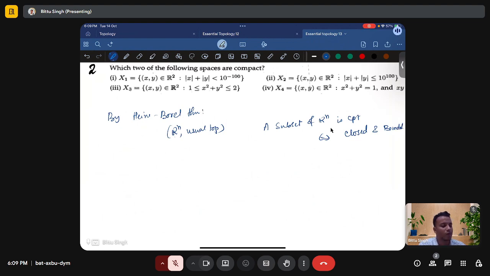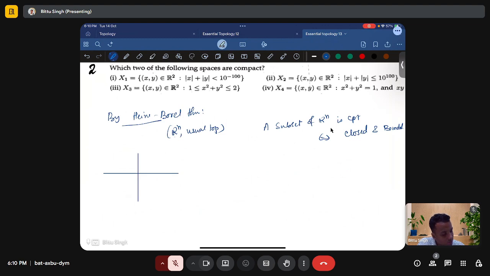Right? This is the statement of the Heine-Borel theorem. So to see if something is compact or not in R2, we need to see if it is closed and bounded. If we consider the first question, mod x plus mod y less than 10 to the power something, this can be drawn as this picture.